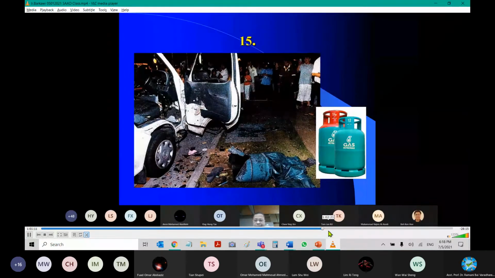Okay, the next one, this picture, I remember because this is the time when we were working on NGV, or natural gas vehicle. Now this is a van, I think it happened either in Cheras or in Malacca. I can't quite remember, but this is a natural gas vehicle.